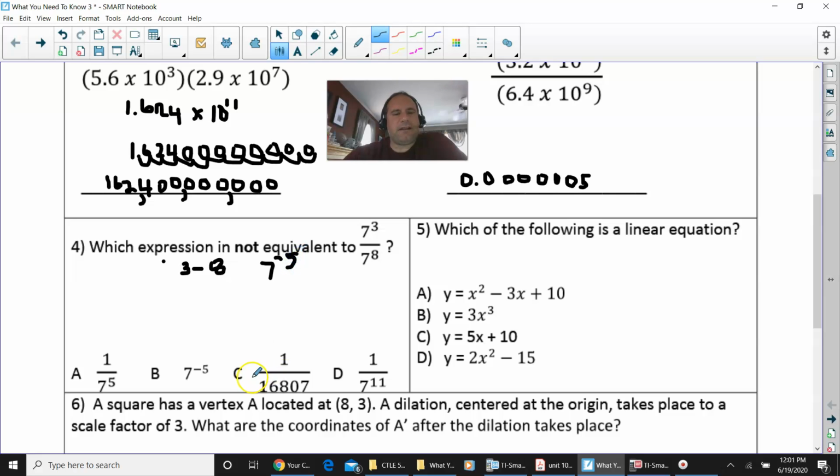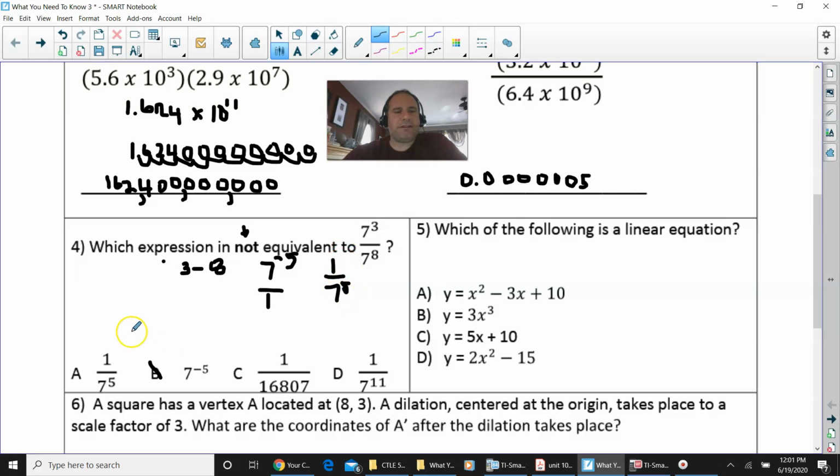So 7 to the negative 5th, we're looking for one that is not equivalent, not equal to that. So that means this is out. Do you remember when we said, what happens when you have a negative exponent? You could put a 1 underneath and flip it. Remember, take the reciprocal. You have 1 over 7, and then since you're taking the reciprocal, the exponent now becomes positive.